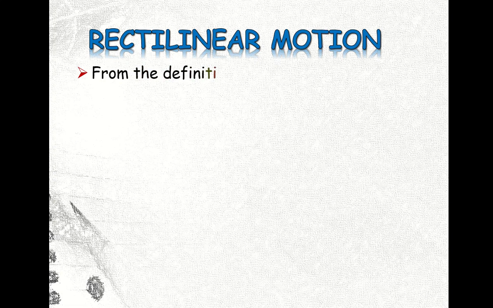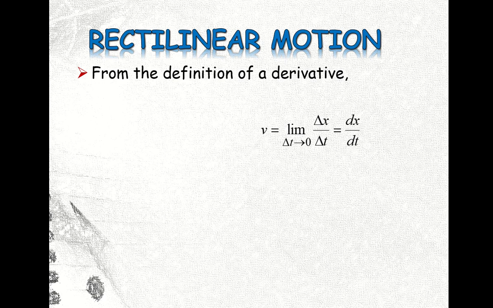Alright? Now from the definition of a derivative, we have v equal to the limit of delta x divided by delta t as delta t approaches 0. Referring to our previous discussion about derivatives, this is dx over dt, the derivative of the position function.